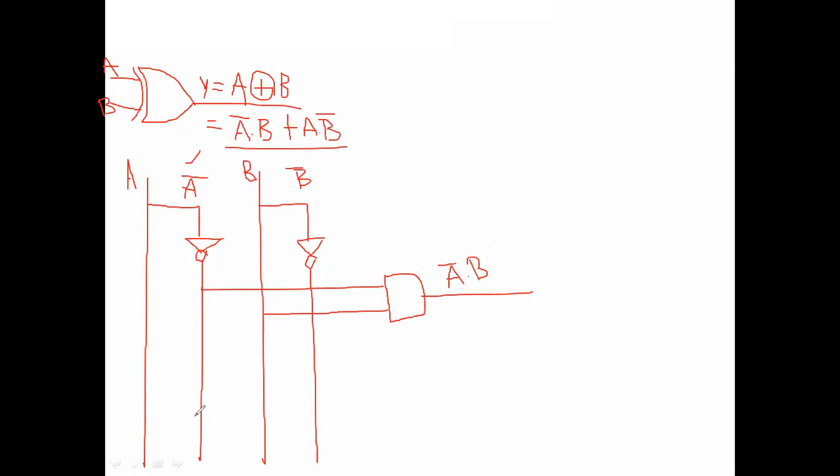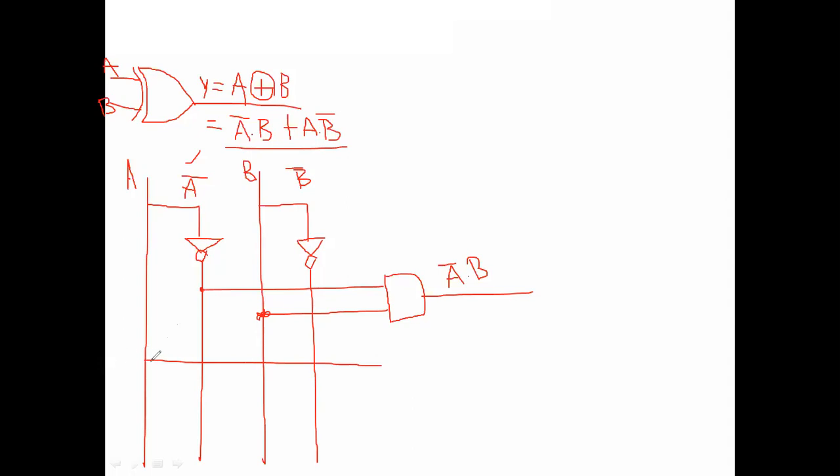For A, from here a dot will be made, like this. Darken this dot. Here also darken this dot, like this.